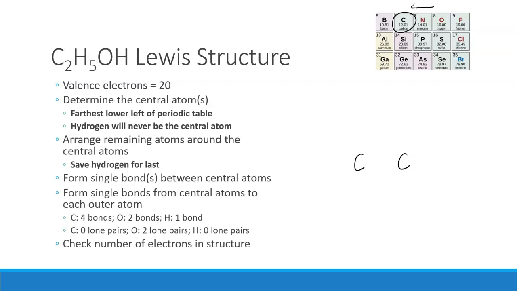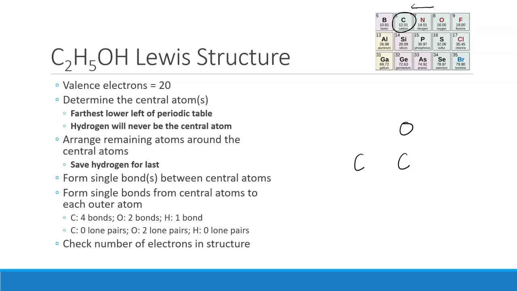So the only other outer atom that we have is an oxygen. I want to start with that oxygen. And it doesn't matter which carbon that I place it on. So I'm just going to place it on this carbon on the right. And then after that, now I can start adding my hydrogens to my carbons, keeping in mind that carbon can only have 4 bonds.